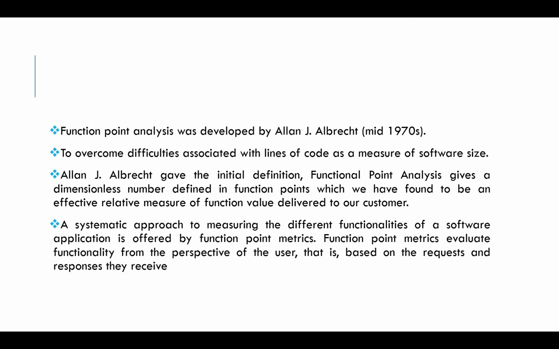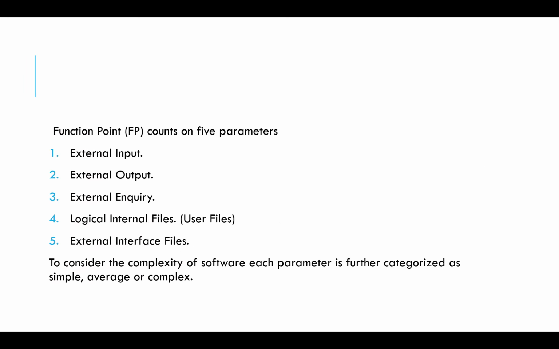FPA is technology independent, quantitative, and focuses on user function. In function points, we measure the functionality based on five major parameters. These are the important five parameters used to count the function points.